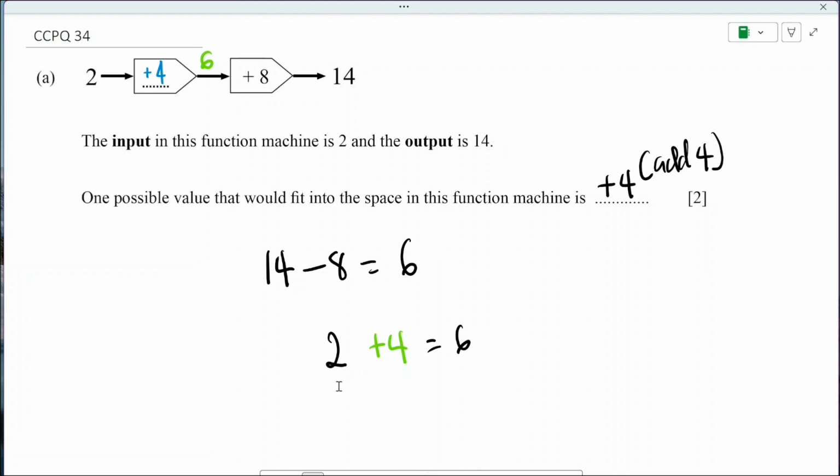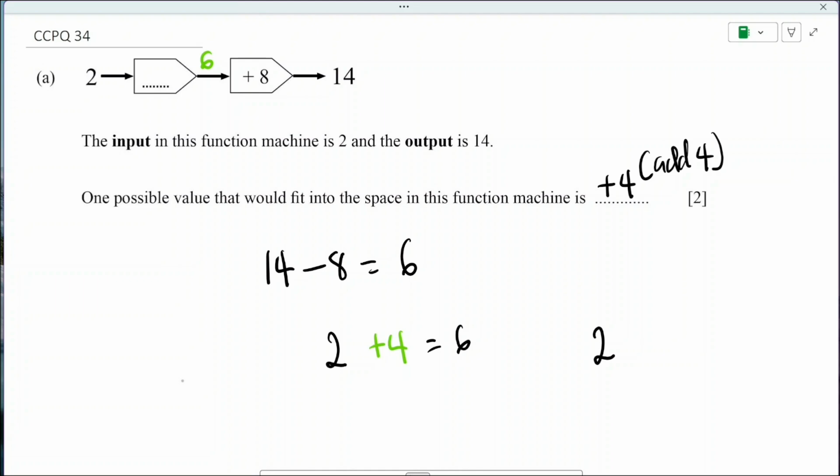As said previously, an increase can be addition or multiplication. Like in this case, from 2 to 6 can be both addition and multiplication. So let's say we don't want to use addition. What value would we multiply by 2 to give us 6? Let's rewrite the 2, that's the input.